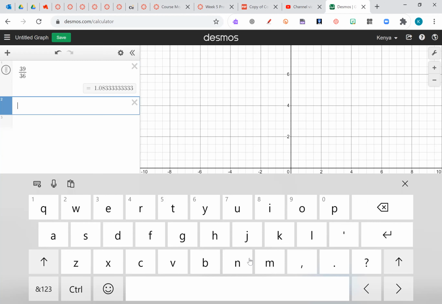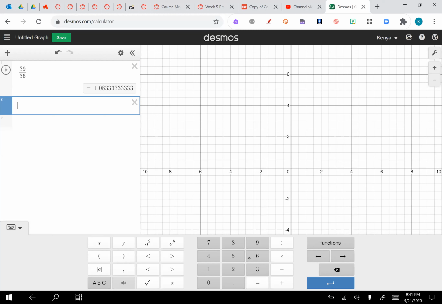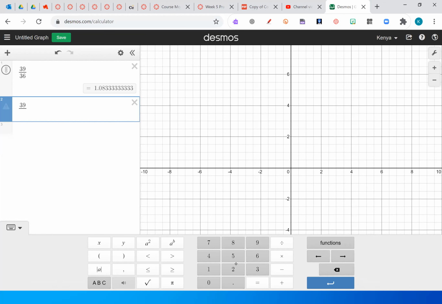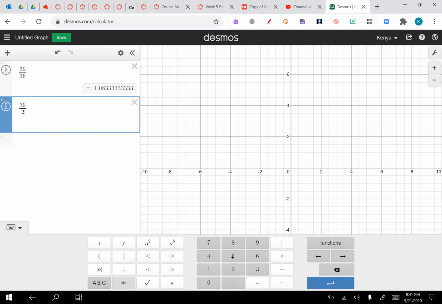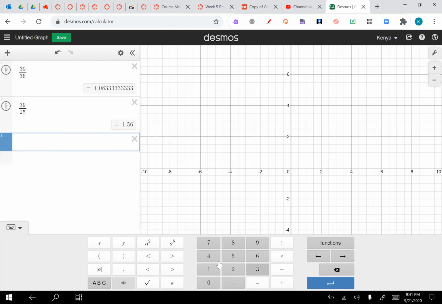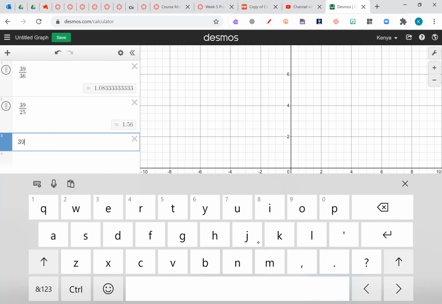Nope, it doesn't. So then we're going to do 39 divided by 25. We're trying to see if 25 goes into 39 evenly. And it doesn't. That's 1.56. Okay, the next perfect square, 39 divided by 16.